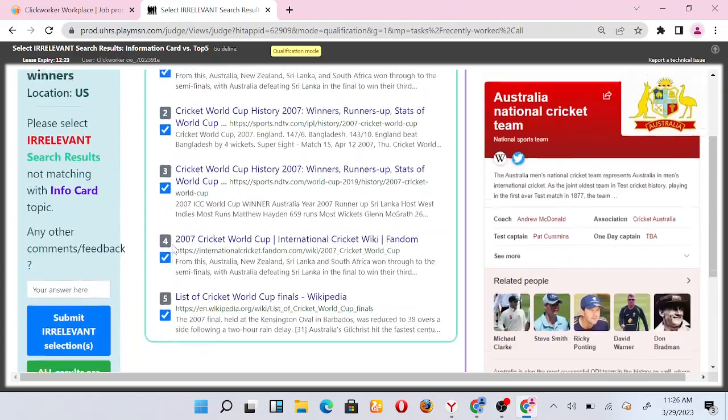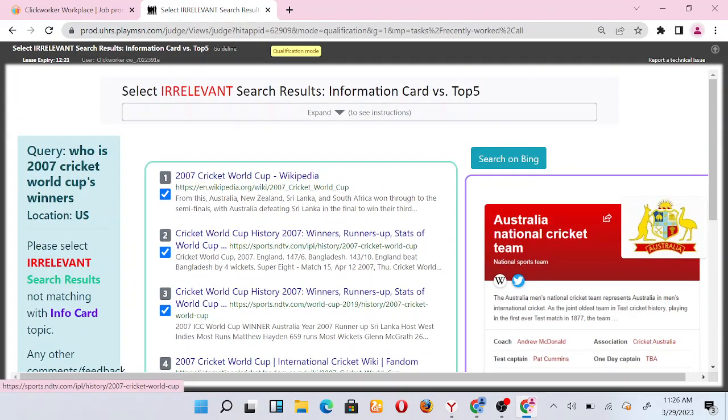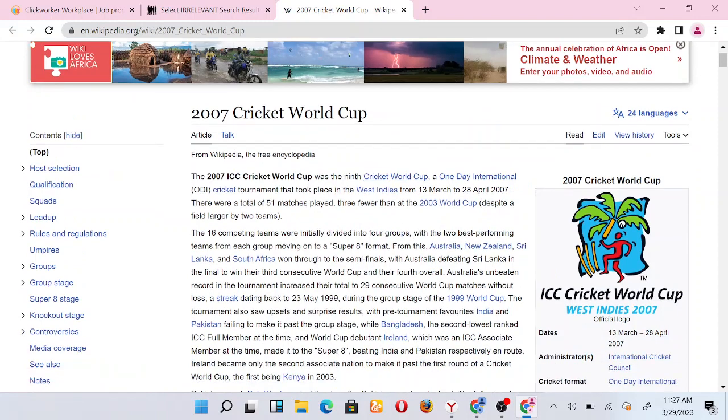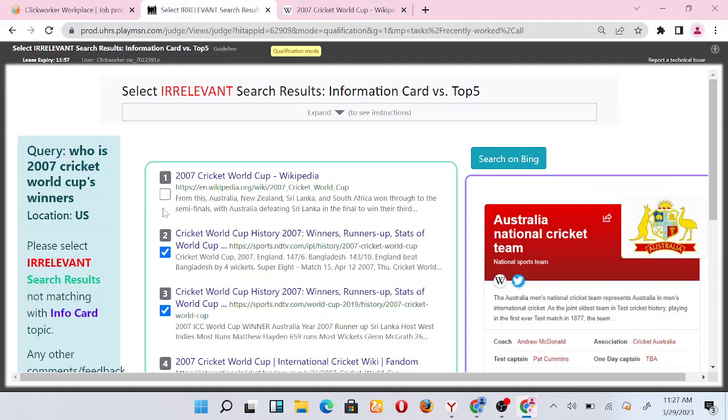Australia national team, cricket team. Okay, let's open and check something here. The 2017 cricket team. From this Australia, New Zealand, Sri Lanka, they won through the semi-final with Australia defeating Sri Lanka.